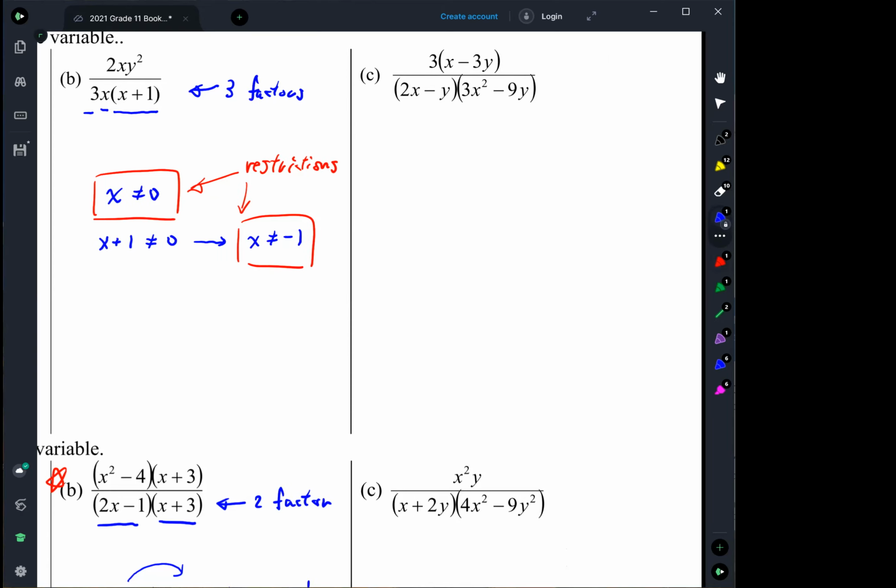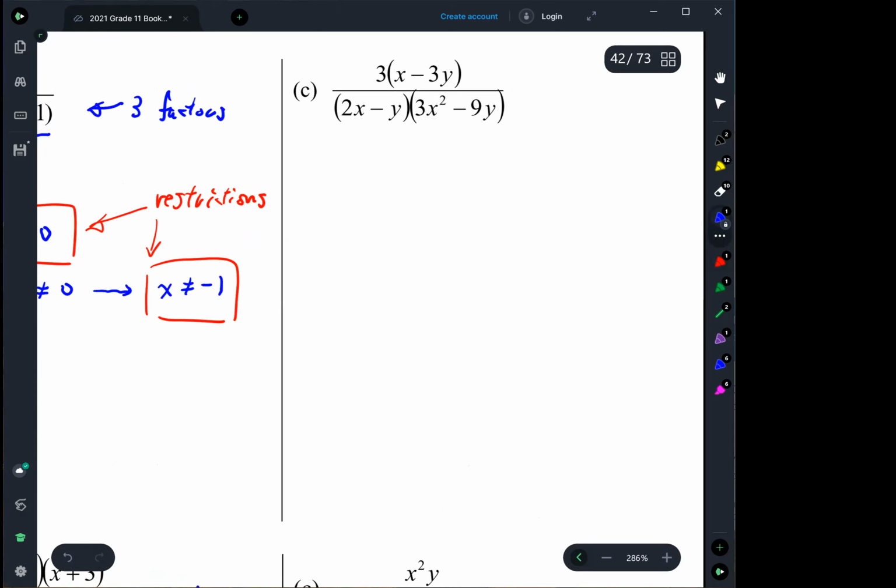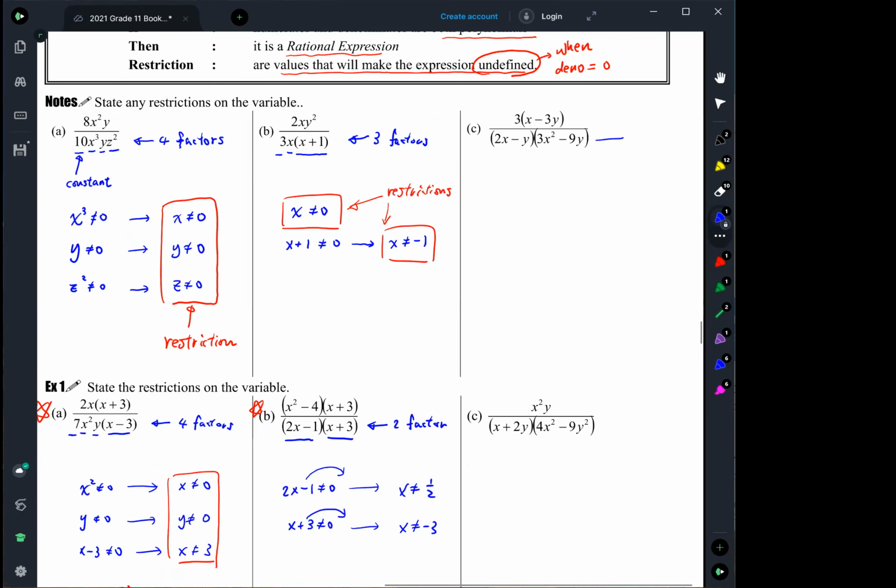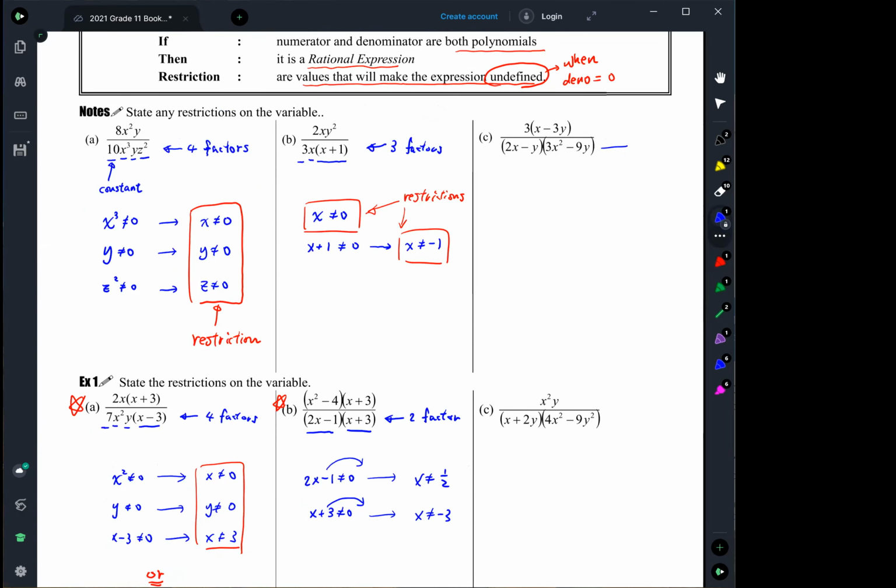All right, so for question C, how many factors are there in the denominator? Naomi, how many factors? 2. Yeah, which 2? Can you tell us? 2x minus y. And the other? 3x squared minus 9y. Good.